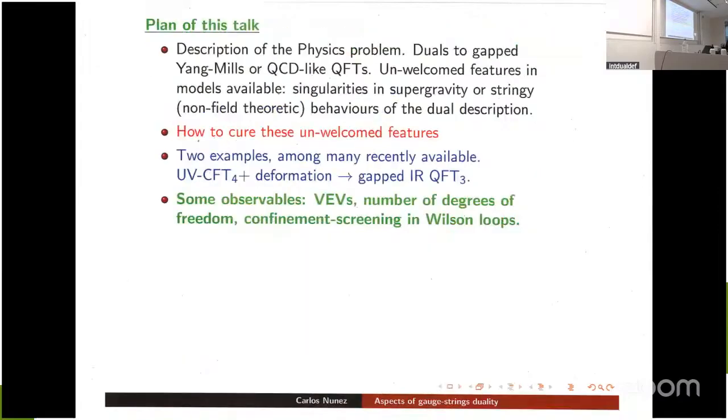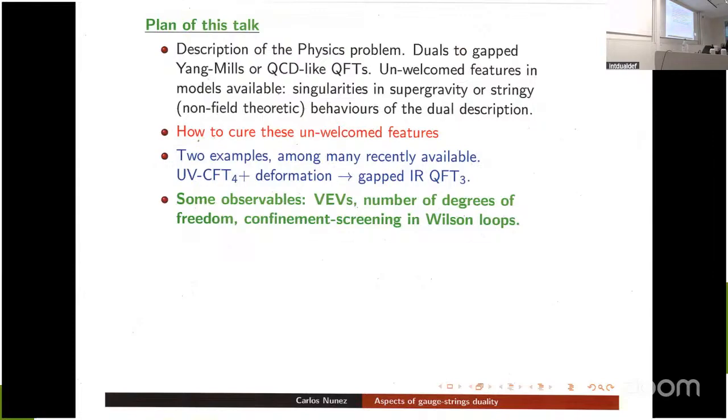So let me tell you the plan of the talk, and then we'll go into it. The idea will be first to try to describe the physics problem. The physics problem is going to be how to write holographic duals, how to write non-perturbative descriptions, or if you wish, semi-classical descriptions of non-perturbative effects in field theories like Yang-Mills or quantum chromodynamics.